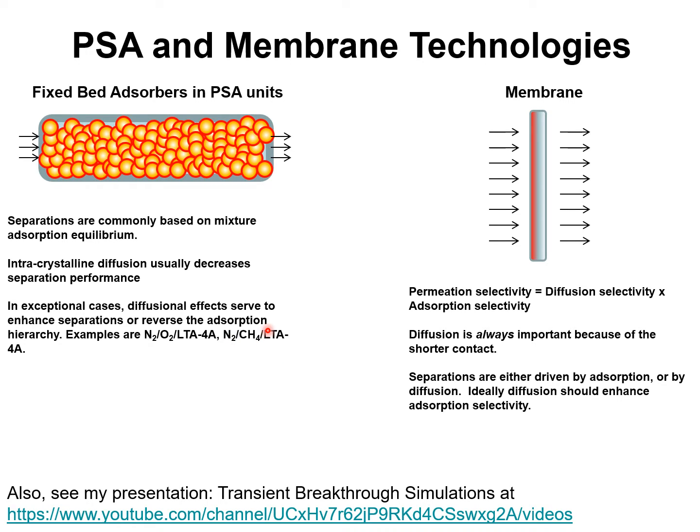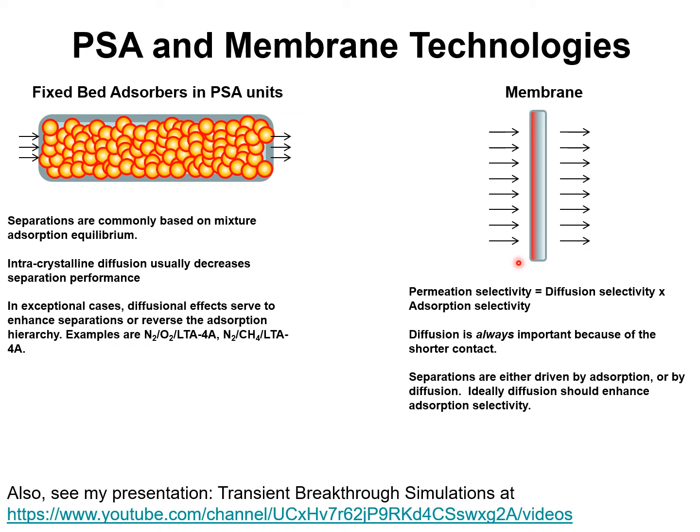In a different kind of technology, the microporous materials form thin layers, typically smaller than about 50 micrometers, on a macroporous support, and separation is realized by permeating a feed mixture across the membrane.